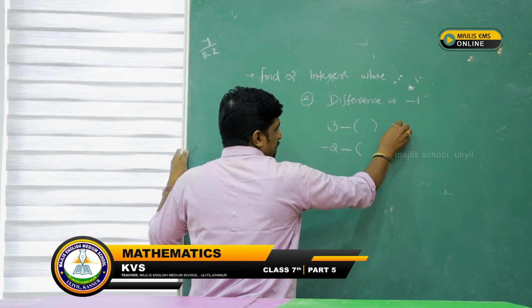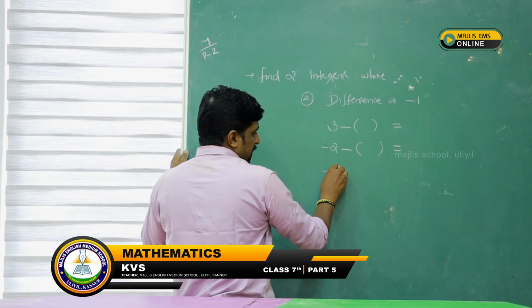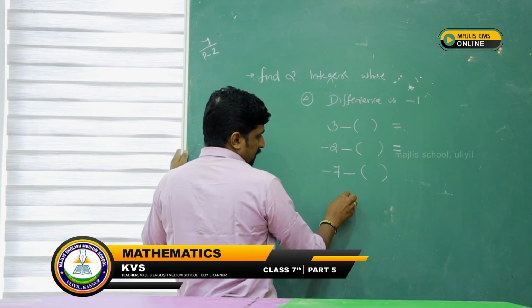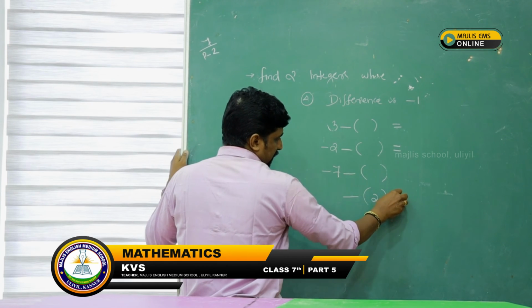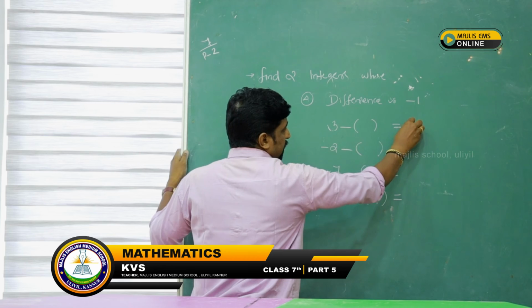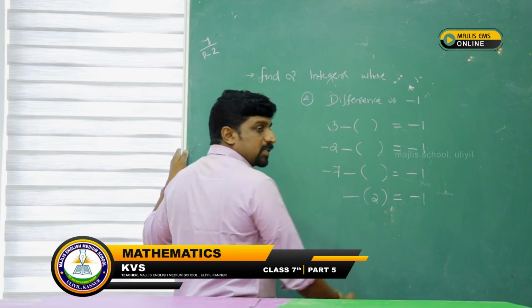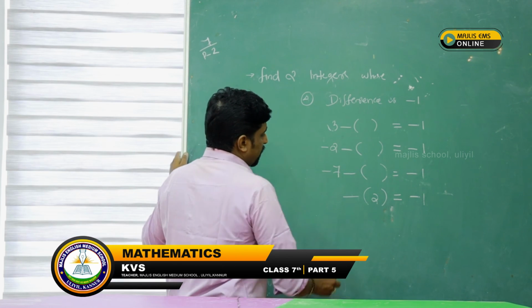This you can think about; afterwards I can explain. Okay. Minus 7 subtract, we need to fill these brackets. Subtract 2. Always we need the answer minus 1.